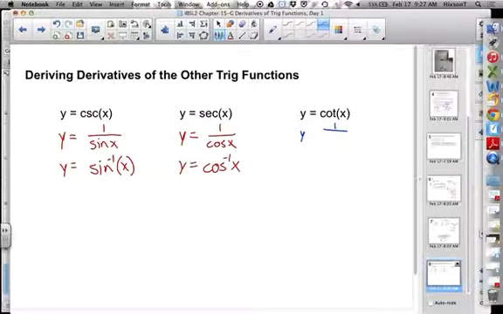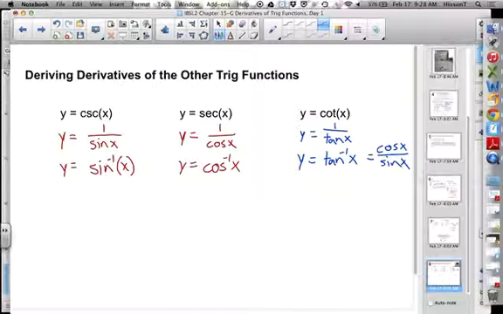Yep. Or cosine over sine. Yeah, this is one where you have some options. We could either do it as y equals tangent to the negative 1 and use the chain rule, or you could write it as cosine of x over sine of x and use the quotient rule. It's really up to you.